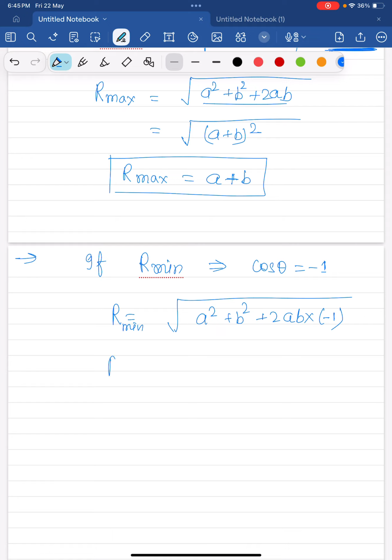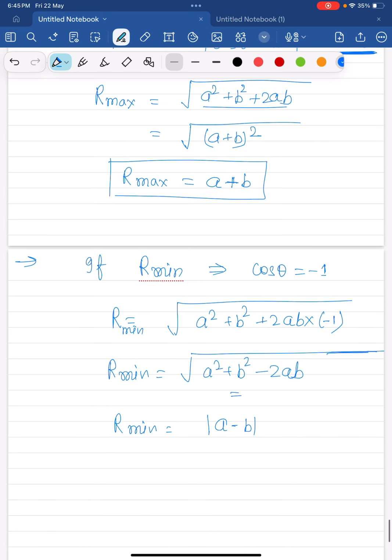So r minimum will be equal to root over a square plus b square minus 2ab. So the minimum value of magnitude of resultant vector will be mod a minus b, because we can write this as root over a minus b whole square, which will be equal to a minus b.